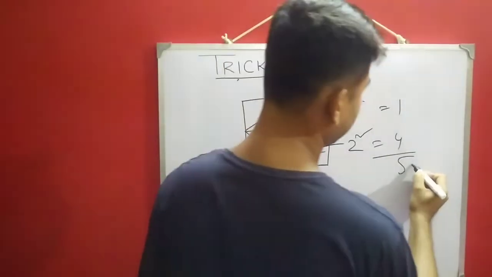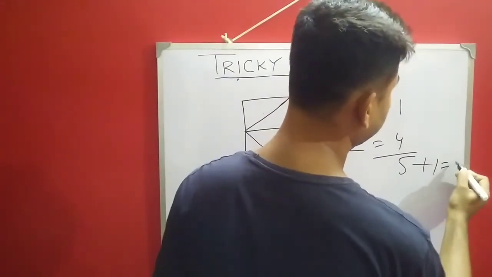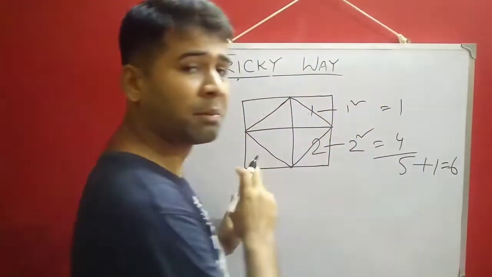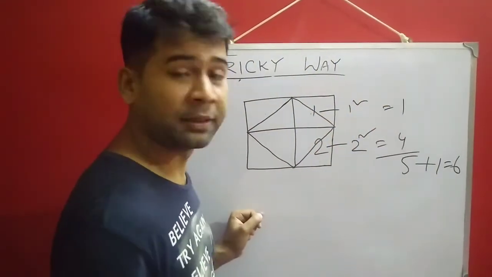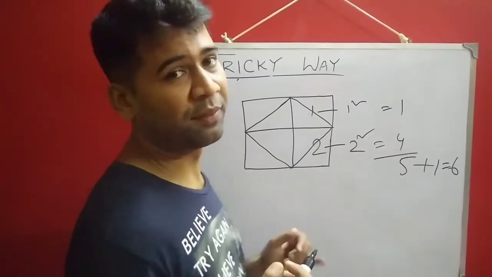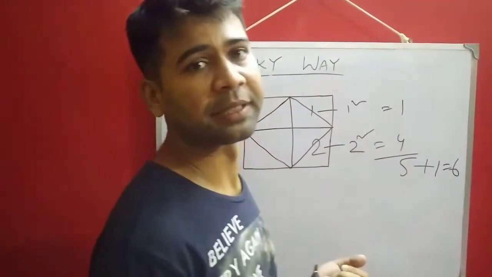So the total number is 5 plus 1 equals 6. You must remember this to go to our original scenario which we have faced in our common examination.